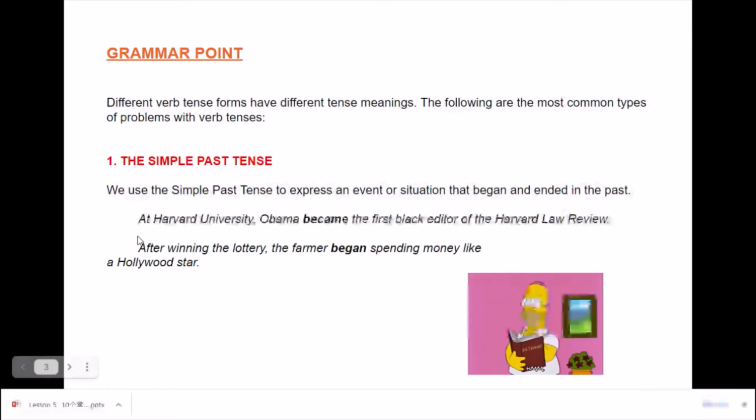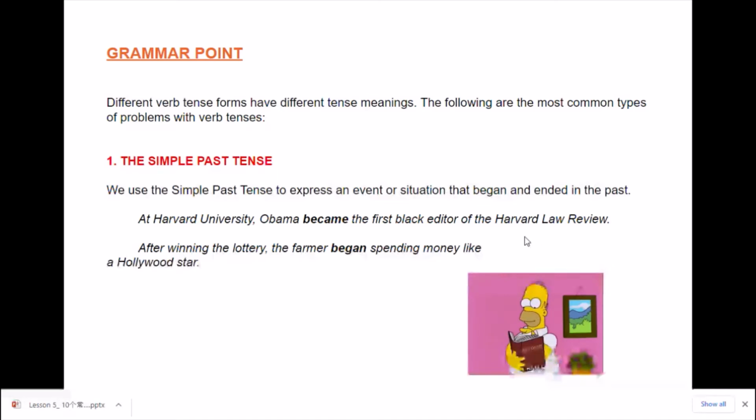For example, at Harvard University, Obama became the first black editor of the Harvard Law Review. Harvard Law Review is a magazine, a very famous magazine. Okay?